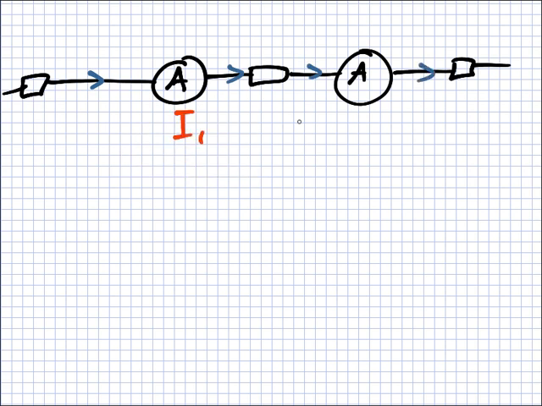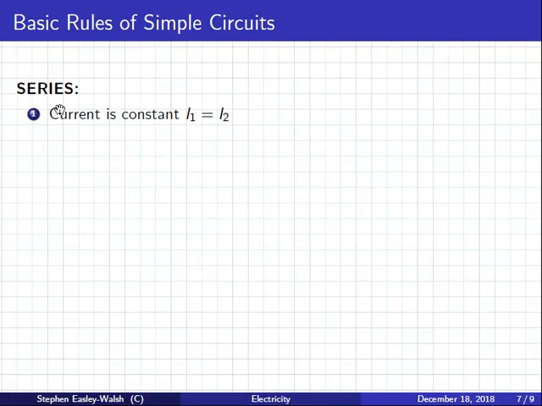The I1 here is the same as the I2. When they're in series, the current is constant. That's the first rule. Okay, write this down. You knew this rule, Ben.